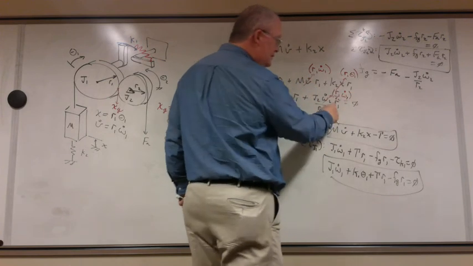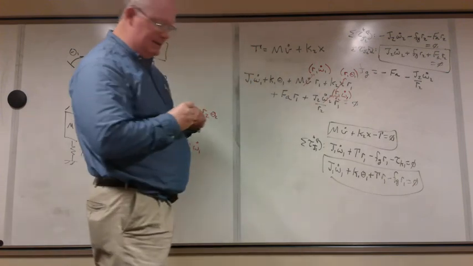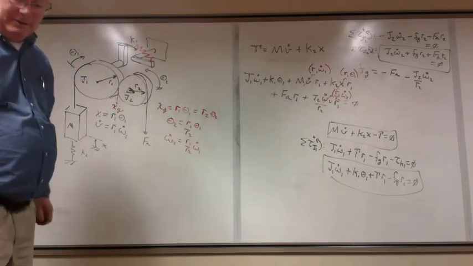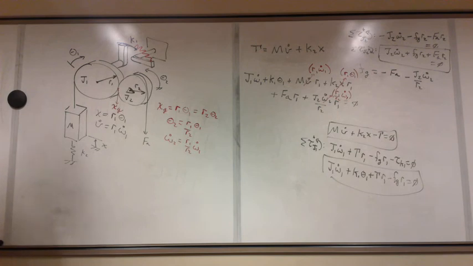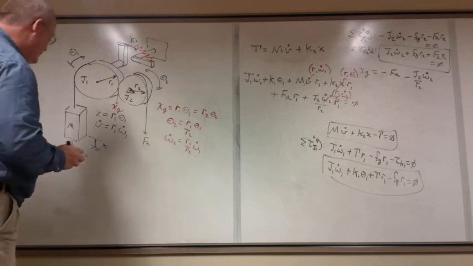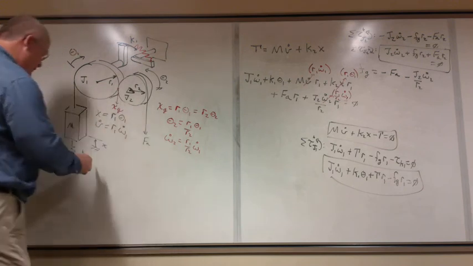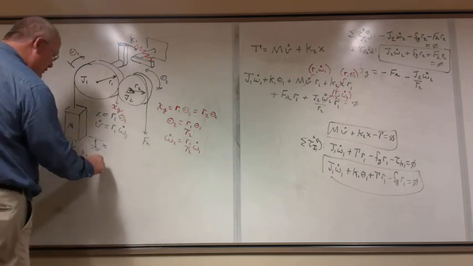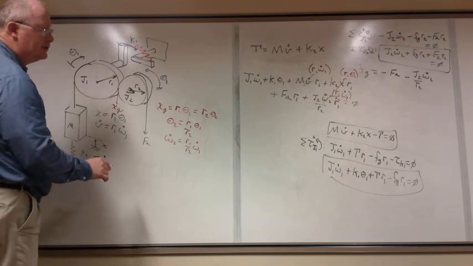Now, again, we're going to multiply that by another r1 over r2, so it actually tends to have a squared type behavior. Not always, but often. So don't forget, you have to pay a lot of attention to detail. Be very careful with how you do those. Putting that all together, I have a J1 omega 1 dot, that's my first term, and let's put in the other omega 1 dot terms.